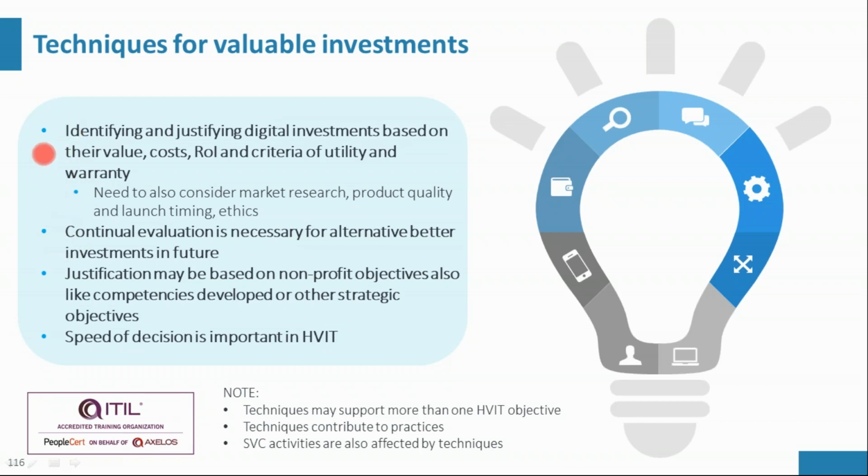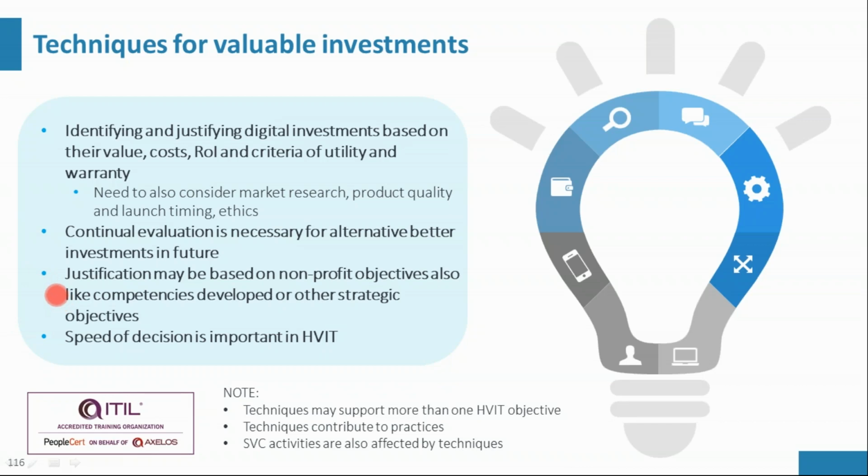Therefore, what it means is this valuable investments objective of HVIT is about making decisions about which digital investments should be done. And also, these decisions need to be continuously evaluated because there may be new options coming up based on advancement of technology or new ways of management and other practices available for use. The justification may be based on non-profit objectives also, like competencies developed or other strategic objectives.